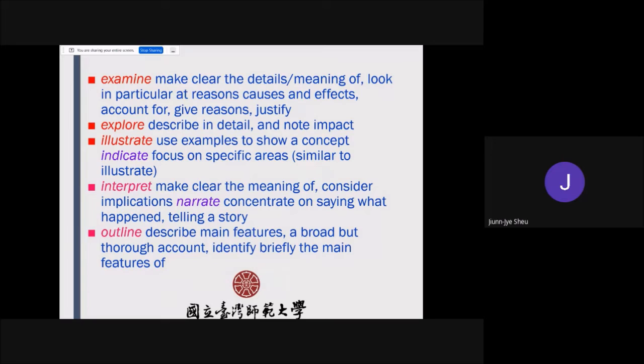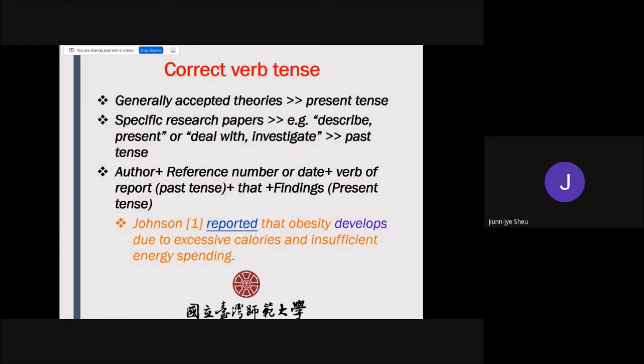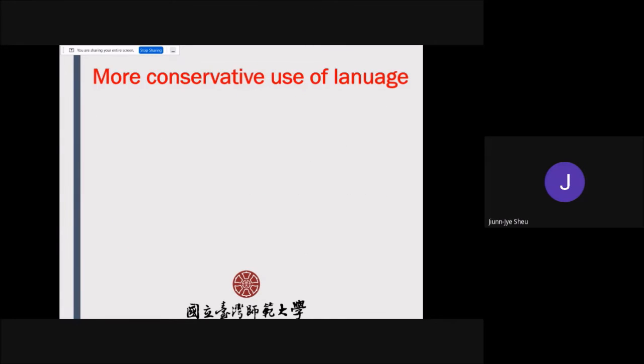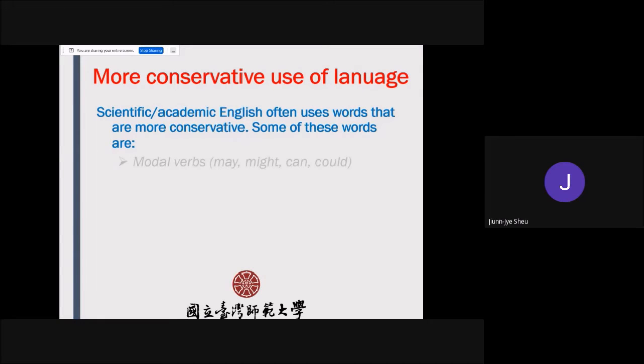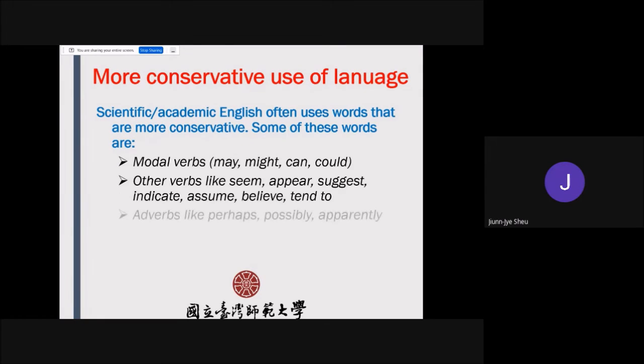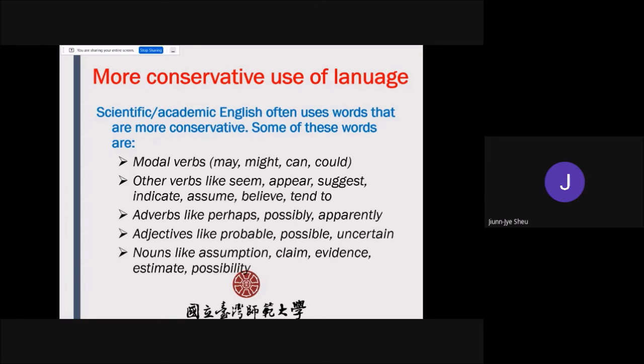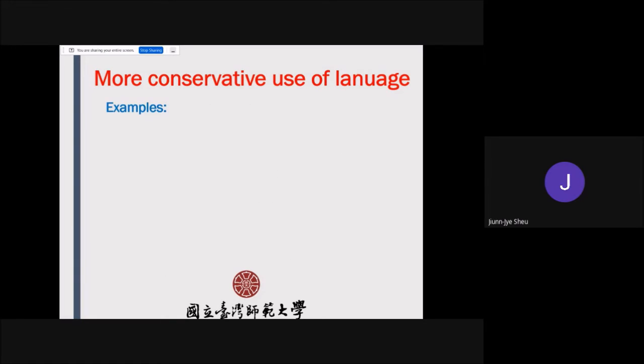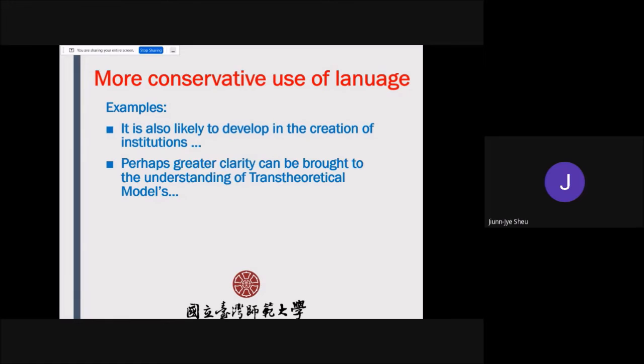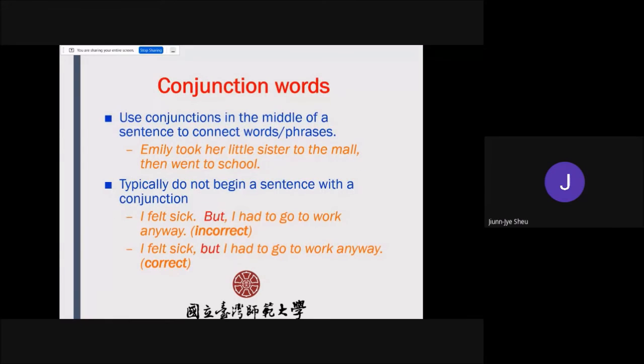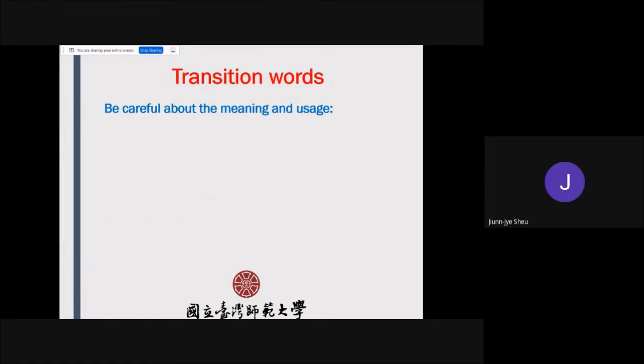And words such as examine, explore, illustrate, interpret, and outline. So I do have a long list of verbs that you can use, that you can practice on your own when you write your academic writing.